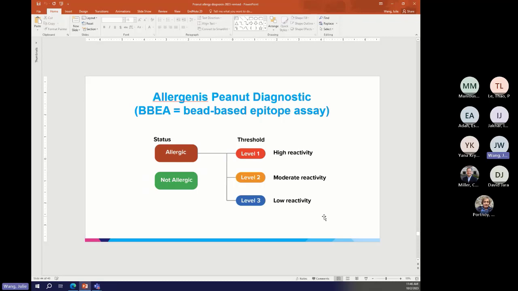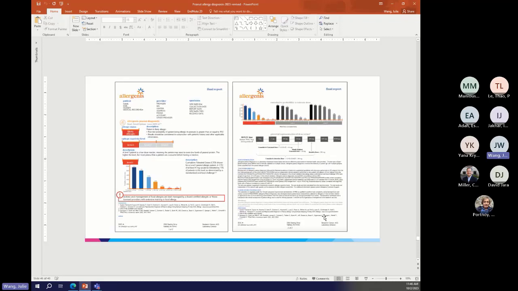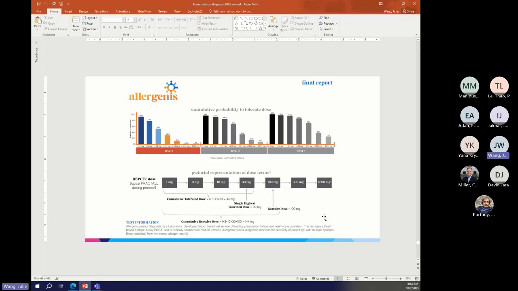So this is a sample test result printout, but focusing on up here, this is basically the graph showing the different thresholds. So level 1, level 2, level 3, and as an example, around 300 milligrams is what we say equals 1 peanut. So we'll look at this bar, which is 444 milligrams of peanut protein.